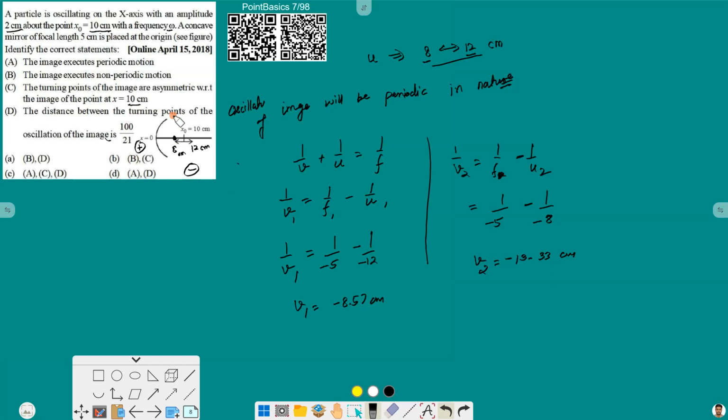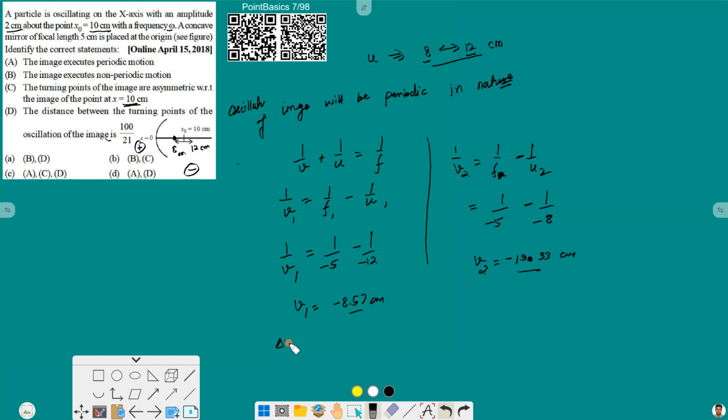Now it is asked whether it is asymmetric with respect to the point x is equal to 10. To find whether it is symmetric or not, we will find the distance between 10 and this value, and 10 and this value. This is negative 13.33. To do that, we will take magnitude only.